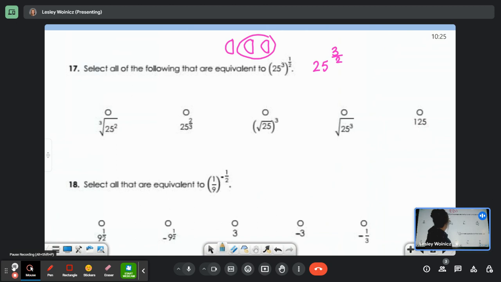The third one and the fourth one. Yep. Okay, those are correct. Can we put that in the calculator and see what we get? So go to your calculator and do 25 power caret 3 divided by 2. There's one more. It's 125 also.